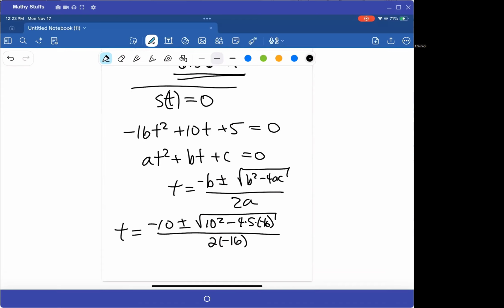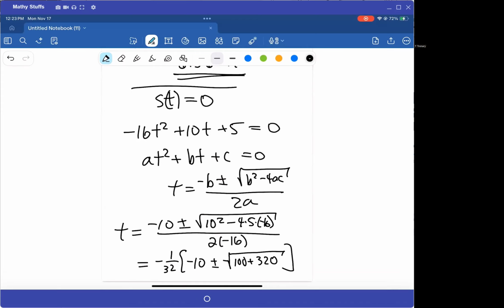And now I'm going to figure this all out. Well, I'm going to do a little simplification here first. So this is negative 1/32 times negative 10 plus or minus square root of 100 plus, that's 20 times 16, so that should be 320.